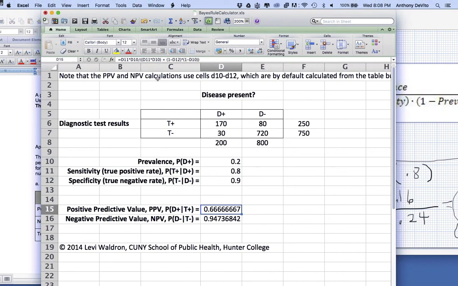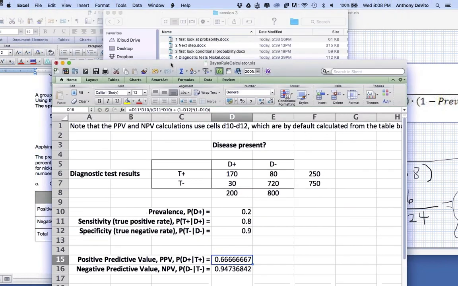By applying Bayes' formula. Well, in Bayes' formula, if I look at this very carefully, it actually looks at D11 first. The sensitivity times the specificity is the top part of the equation. The bottom part of the equation has two parts. The first part is the same thing. It's the proportion of the population that tests positive given that they have the disease.